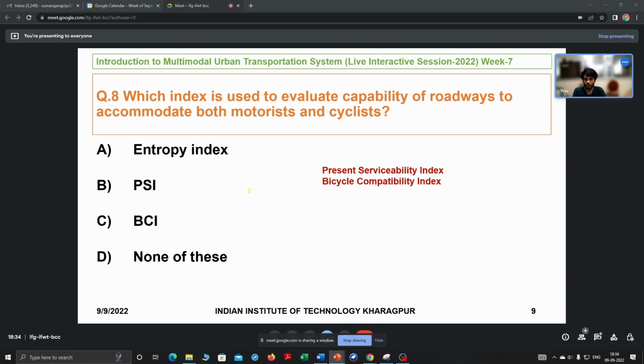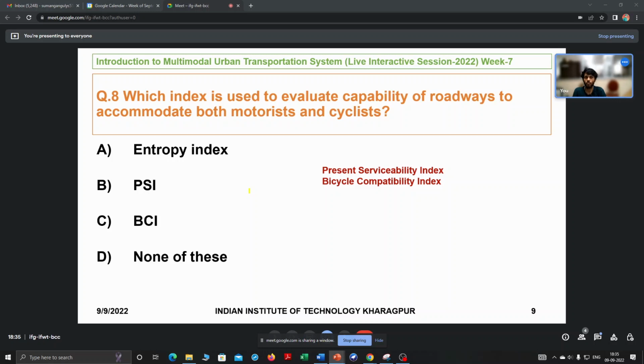So this is called the bicycle compatibility index. And then what is the entropy index and what is the PSI? PSI is the present serviceability index. So it is in the context of a pavement. If you are familiar with pavement analysis and design in transportation engineering, it tells how well a particular pavement is working in an existing situation.